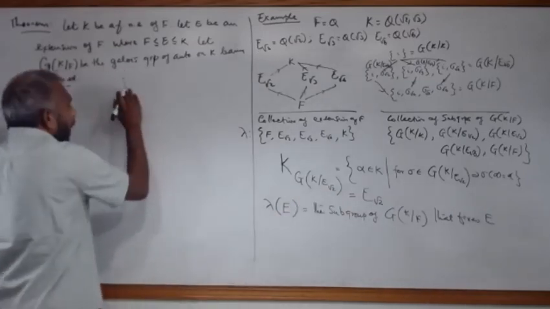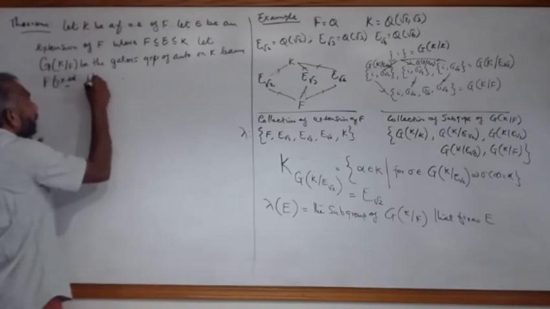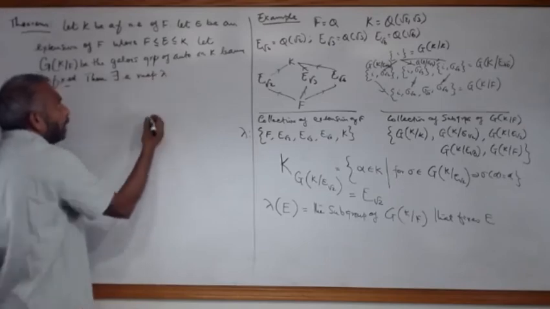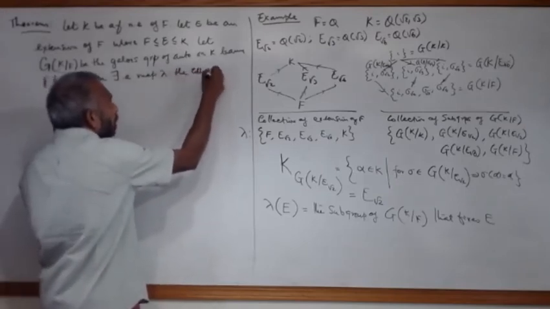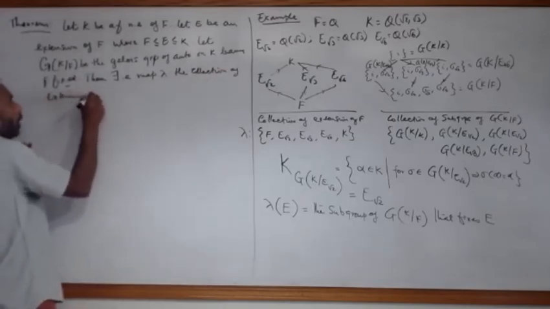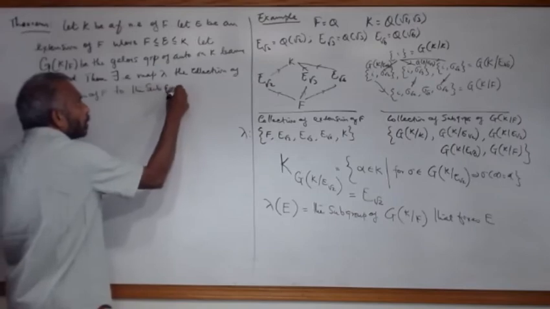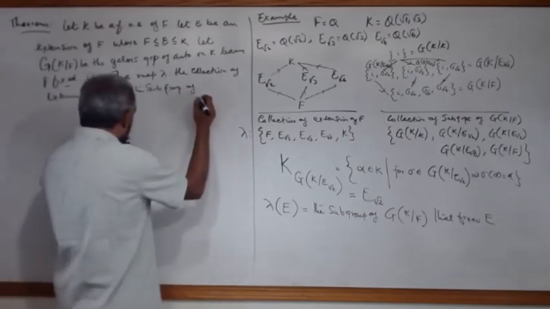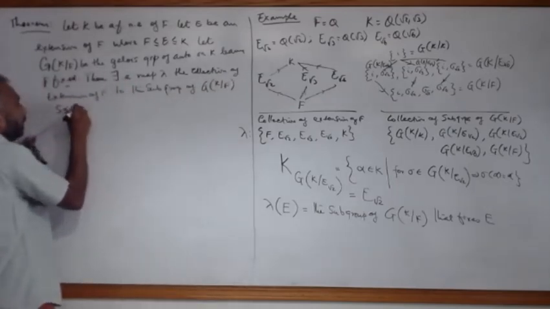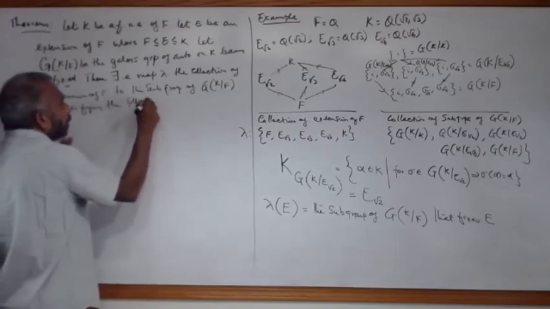So what I am going to write here, I am not going to write the details of how we are getting this, but all I am going to say is then there exists a map lambda from the collection of extensions of F to the subgroups of G of K over F satisfying the following properties.